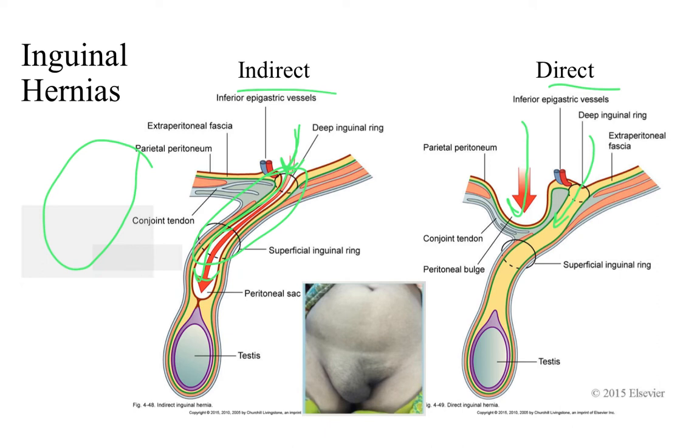So the reason why they call them direct is because direct hernias are going directly through the abdominal wall, a weakened area of the abdominal wall, whereas indirect hernias are taking advantage of a passageway that naturally exists through the abdominal wall and going through that instead. So indirectly going through the abdominal wall as opposed to directly going through the abdominal wall, if that helps you remember the difference between indirect and direct.